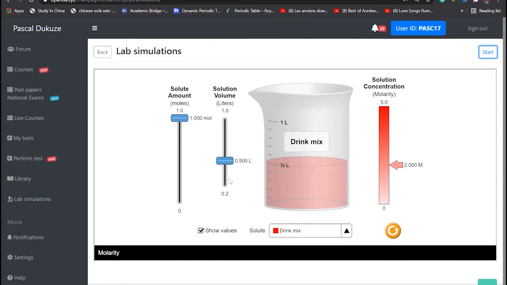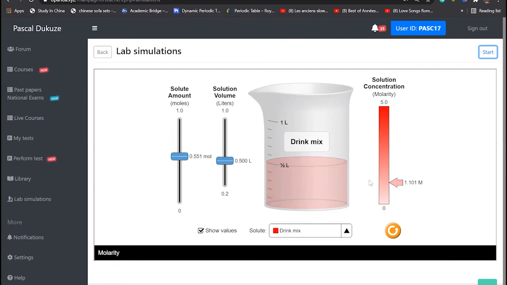What happens now if you reduce the amount of solute? We will check on the value here. We move it down. As you move it down, you can see the concentration is decreasing.